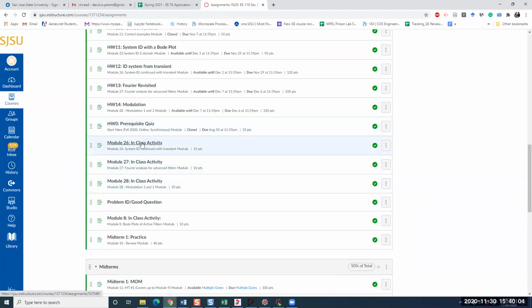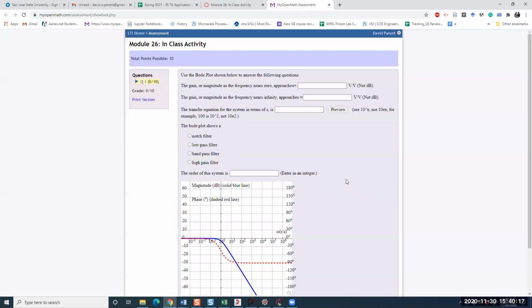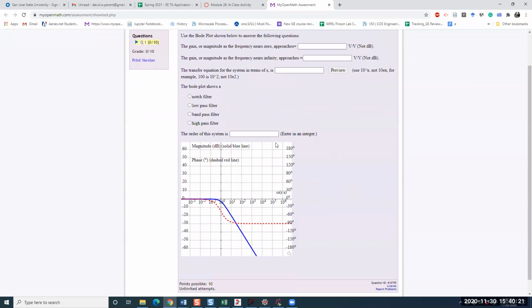We did miss 26 because I was trying to get you ready for the homework. So even though today is 27, you launch it, and you'll see a filter.